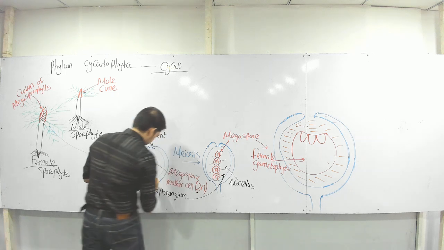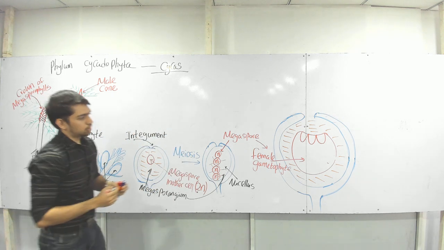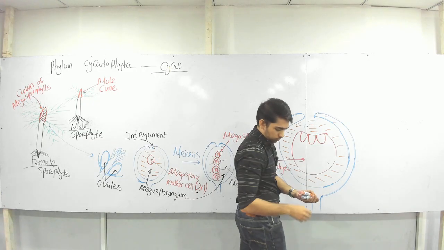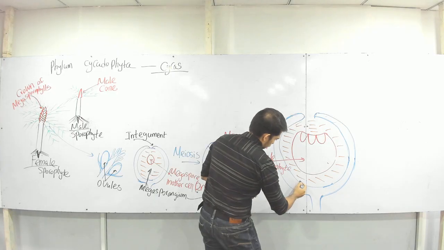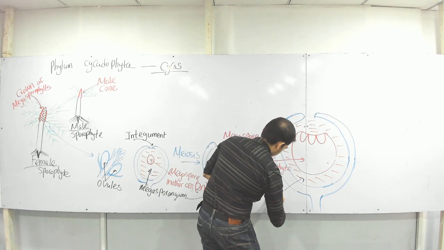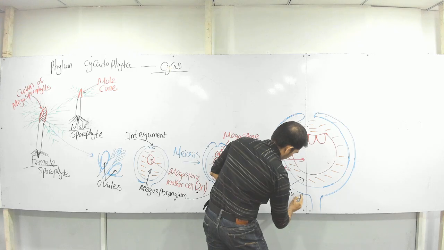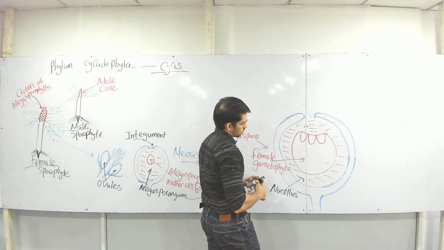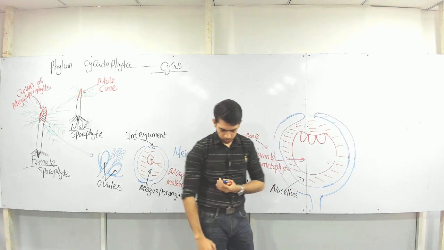Megasporangium is going to be called by a new name, nucellus, which is the nourishment for the female gametophyte. Mature ovule now complete. Is the mature ovule complete now?